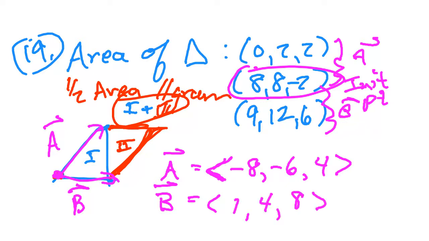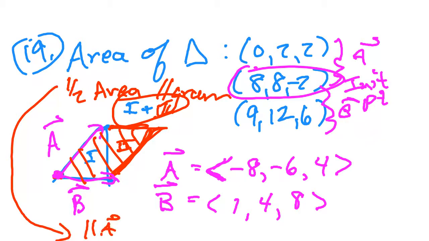And then of course, what does our theorem say? The area of the parallelogram is the norm of A vector cross B vector, and I'm going to want half of that for area 1.